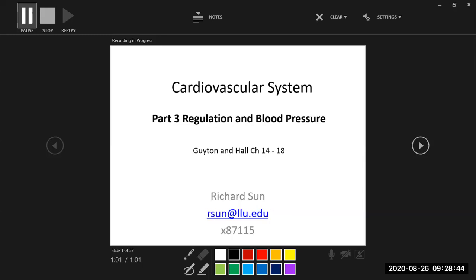The other one is the autonomic nervous system, which more directly sends neurotransmitters to act on different organ systems. So those are basically the two pathways that our body uses to regulate its function.